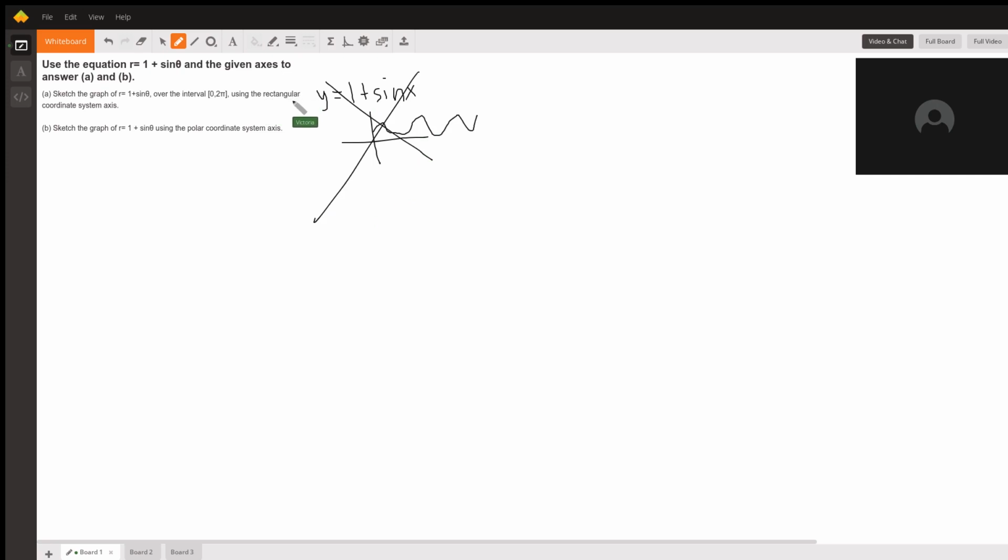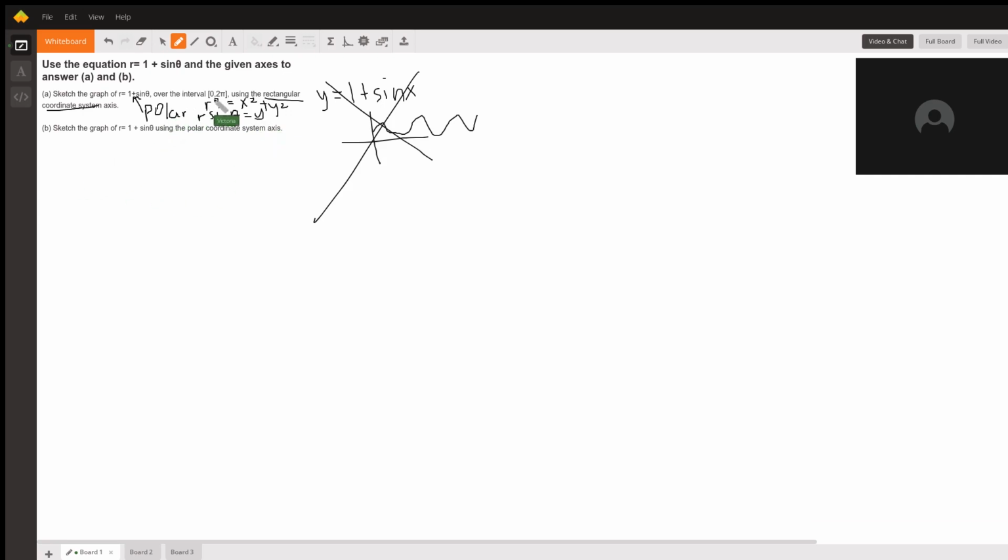If we want it to be in the rectangular coordinate system, we have to convert this polar equation to a rectangular equation. And that conversion uses the fact that r squared is x squared plus y squared, and that r times the sine of theta equals y.